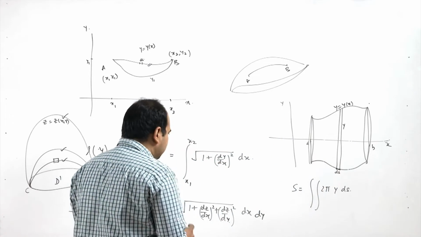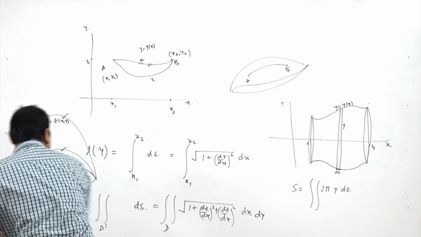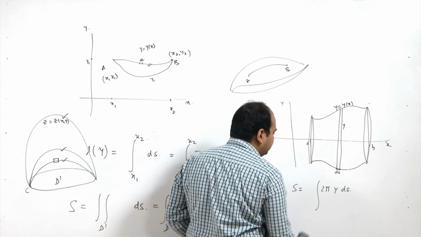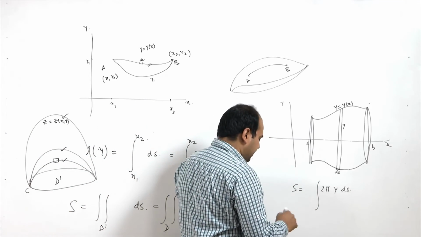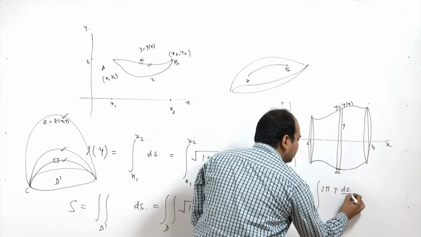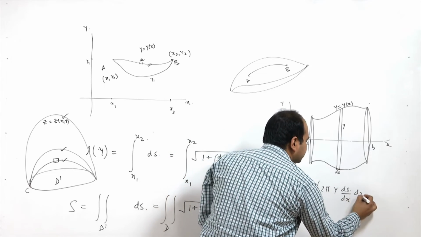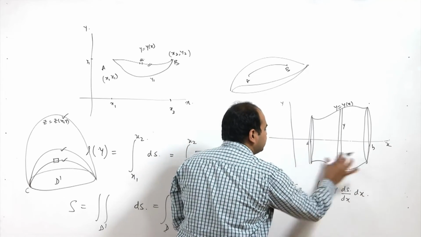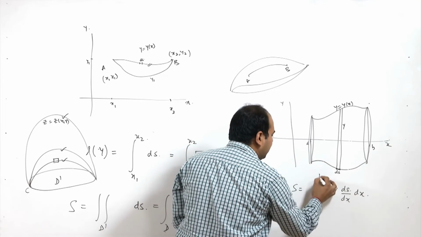Now since I am discussing only line integrals, we are considering only a single integral. So we can write 2 pi y ds, and ds is ds/dx times dx. We are considering only between a to b, so we write the integral from a to b.